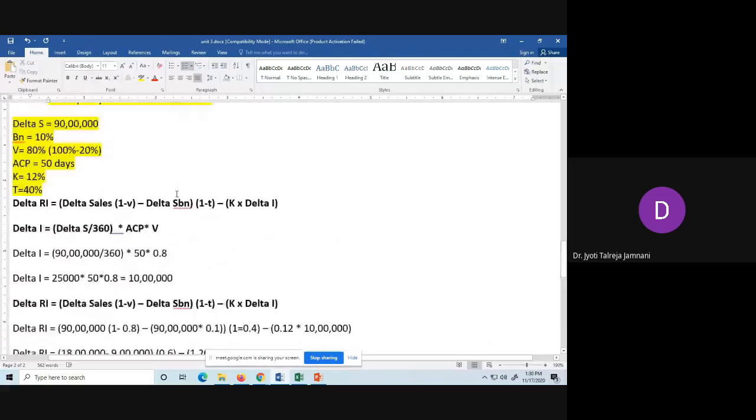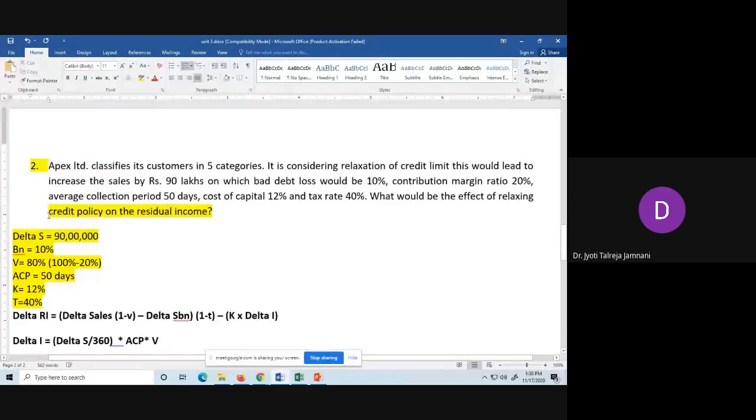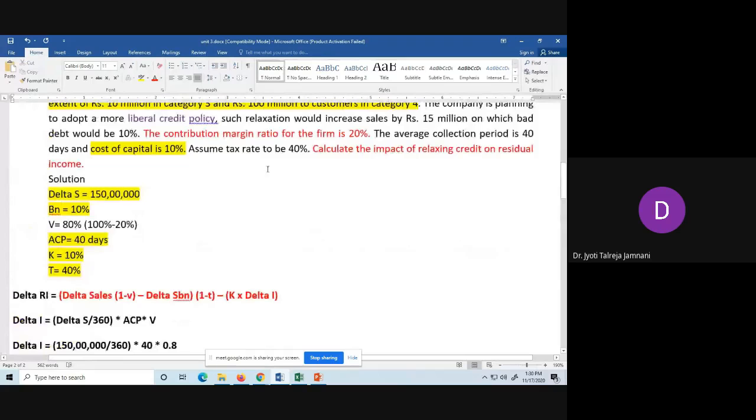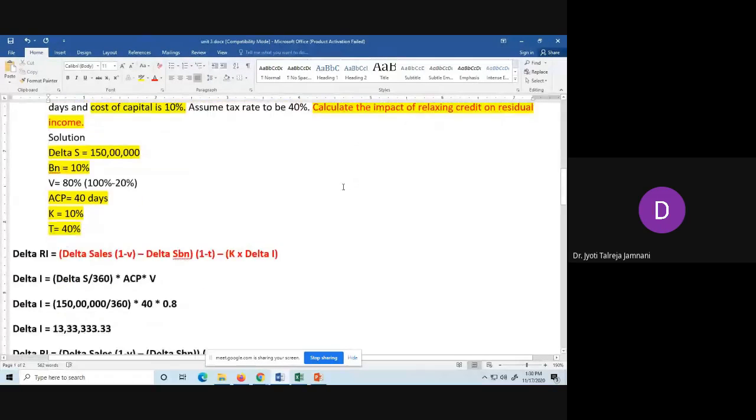And here, what would be the impact of relaxing it on the residual income? Look at the second sum, there is the word residual income. Look at the first sum: calculate the impact on the residual income. So only when there is the word residual income or impact on residual income will you use the formula.